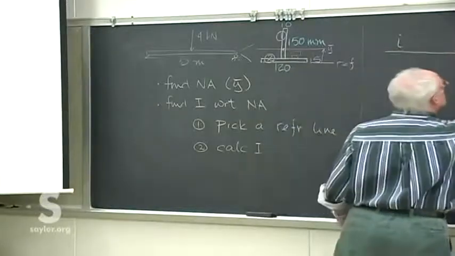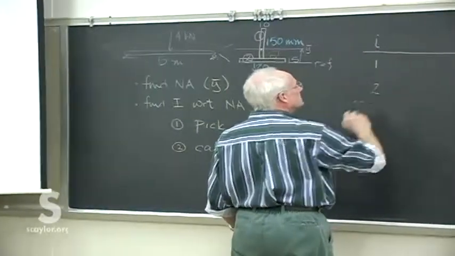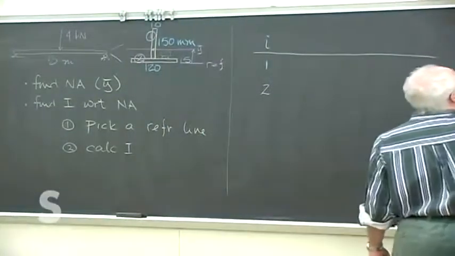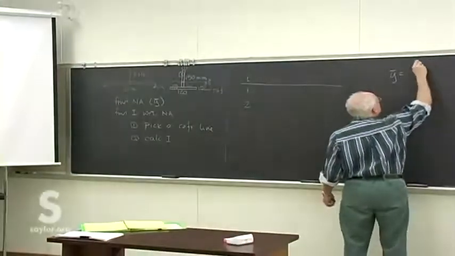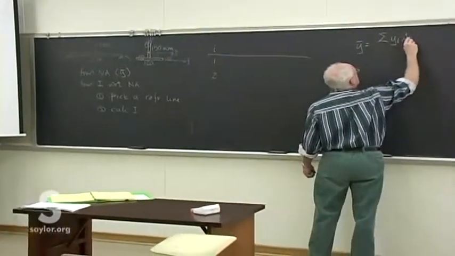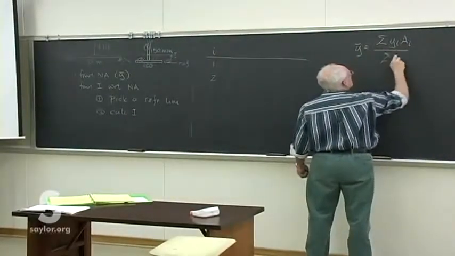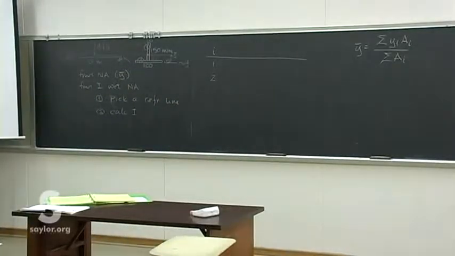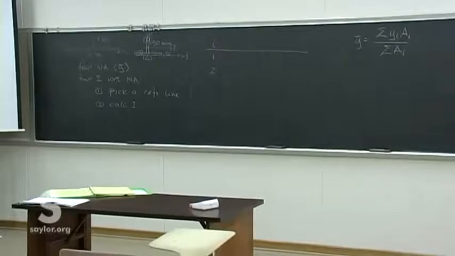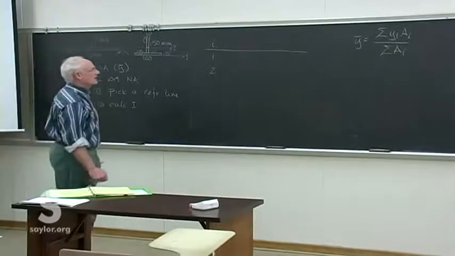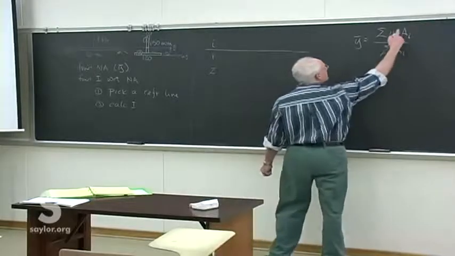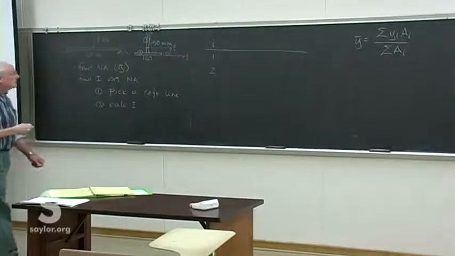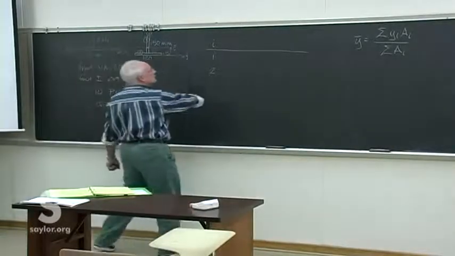So I have 2 parts, 1 and 2, and I'm going to need to find the quantity there. If you remember, that's the kind of thing we had to do to figure out where the centroid of a compound area is. So I'm going to need the area of each of those pieces plus the location of the individual centroids of those individual pieces.